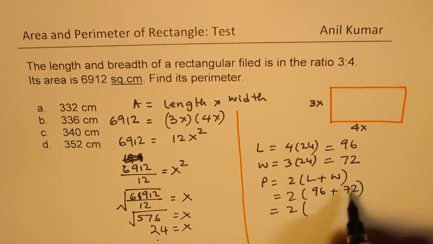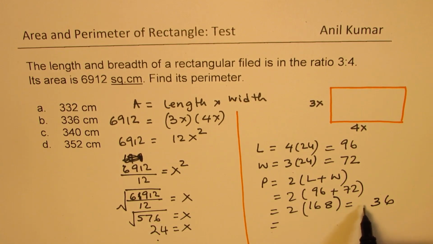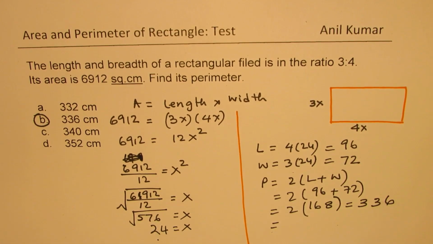So that should be equal to 2 times 168, and when you multiply, you get the answer 336. So B is the right option for perimeter, correct?